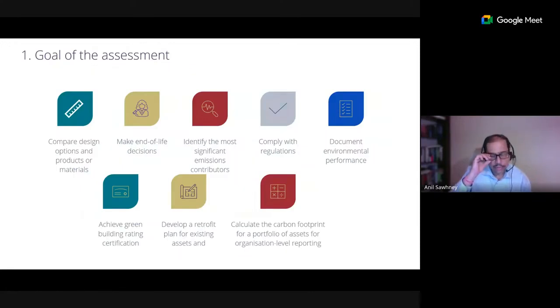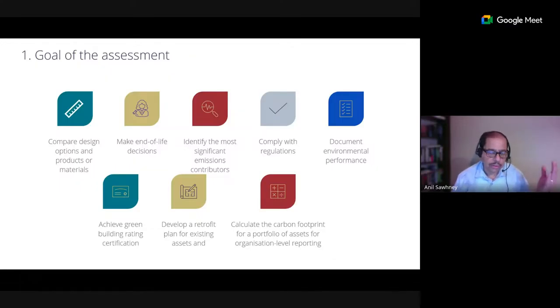Okay, so now let's go step by step. Goal of the assessment. You can have multiple goals. You could be doing an assessment to compare design options and products or materials. You're doing the assessment to make end-of-life decisions. You can run assessments to comply with the regulations.